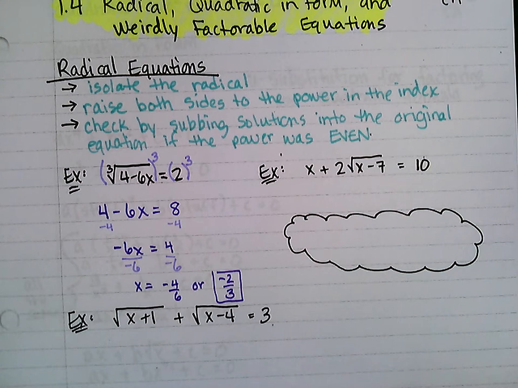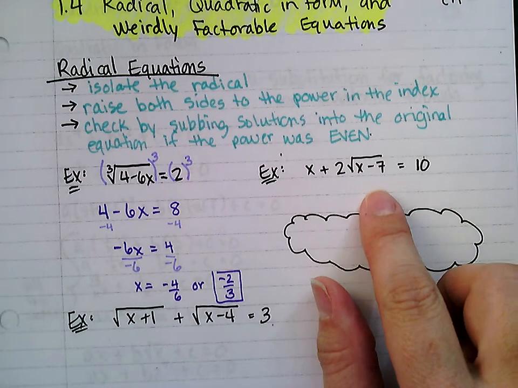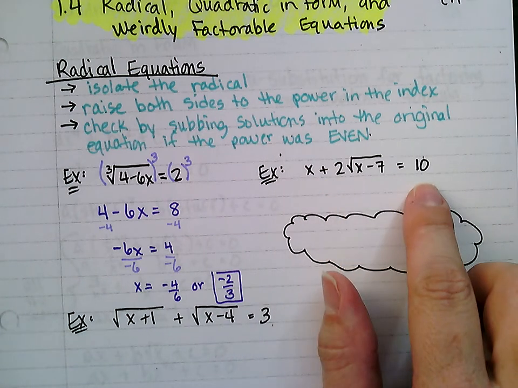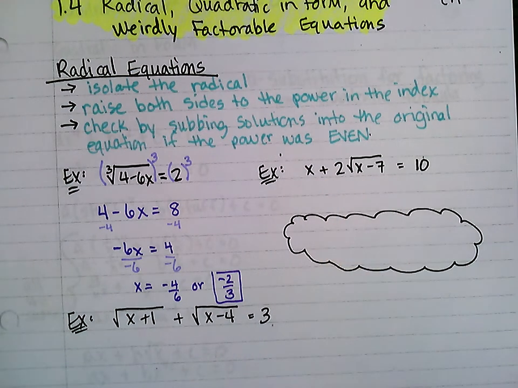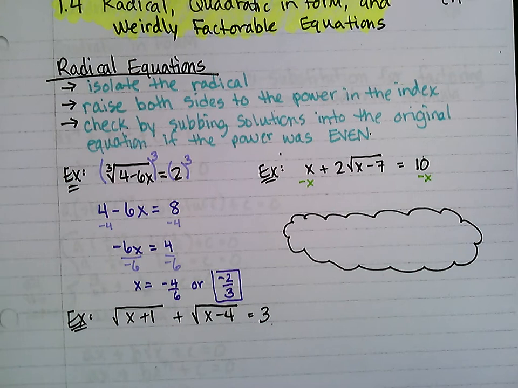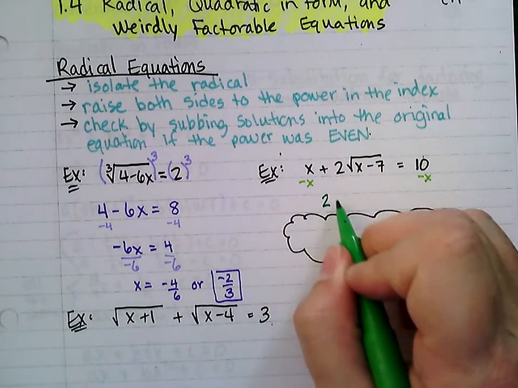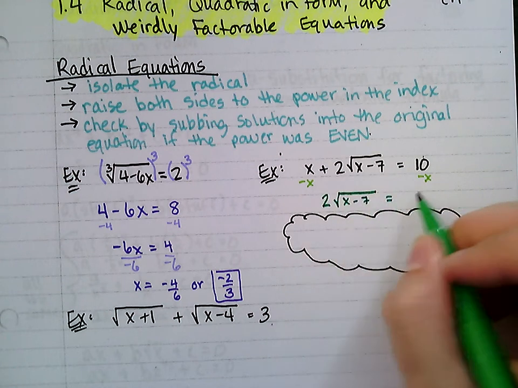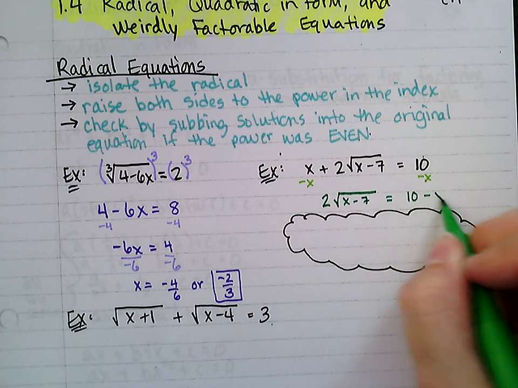Okay, on to the next one. We have x plus 2 square roots of x minus 7 equals 10. So we're going to start by working to isolate the radical. So I will subtract that x from both sides, and that's going to leave me 2 square roots of x minus 7 equals 10 minus x.